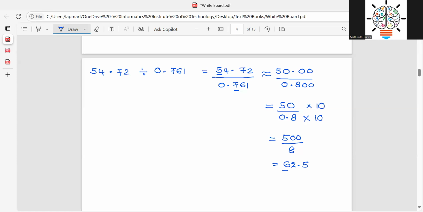And I look at this. So then this is approximately equal to 60, to the first significant figure, right? So first I converted all the given numbers into first significant figures, and I did the calculation and the final answer I got 62.5.